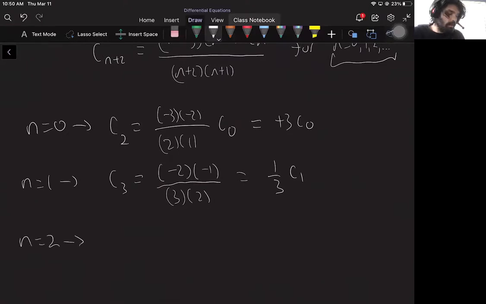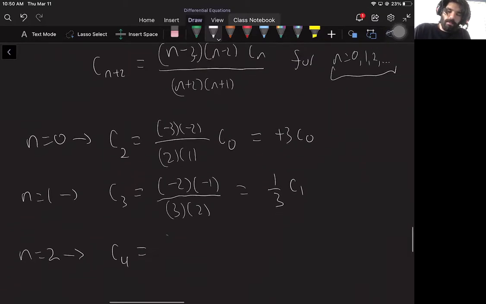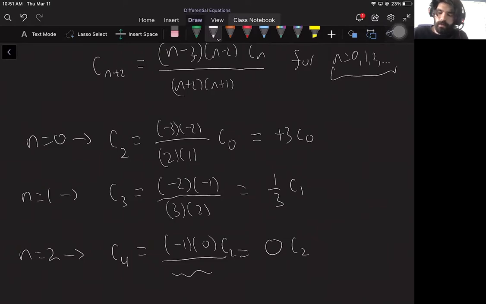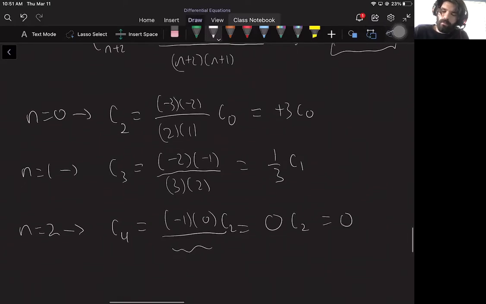All right, let's plug in 2 here, and then we'll see the magic beginning. So if I plug in 2, I get -1 times 0. I don't care what the bottom is now because it's 0. 0 times C2, which is just 0.